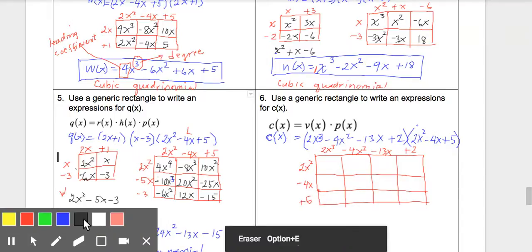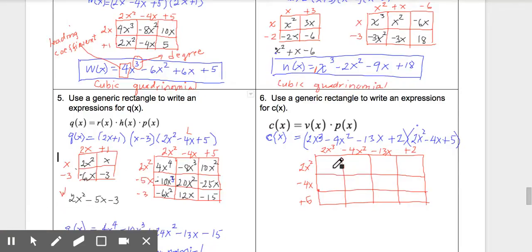Now let's find the products. 2x cubed times 2x squared is 4x, and we add exponents, so it's 4x to the fifth. Next one, 2x squared times negative 4x squared is negative 8x, and 2 plus 2 is 4.